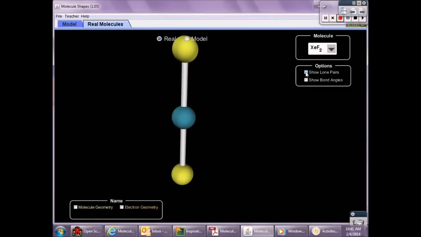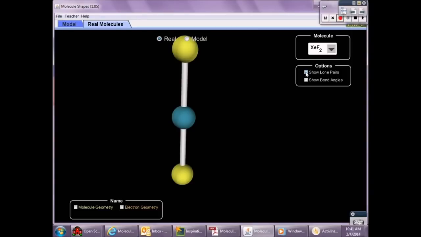It is linear. What is the bond angle? 180. Whatever you had as the electron domain, put less than. Every time we have pairs of unshared electrons, whatever you had for the electron domain, put less than that angle, whatever angle it was.